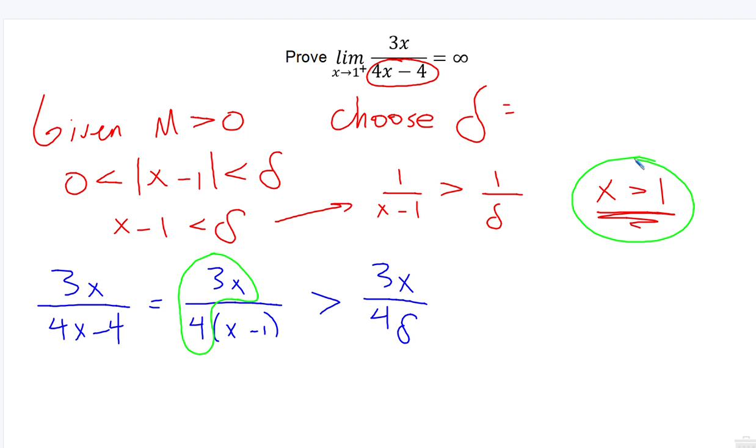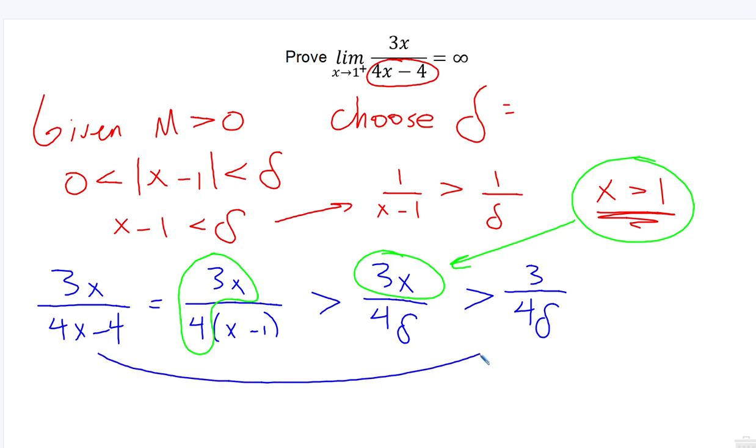Well, if x is more than 1, 3 times something more than 1 is going to be more than 3, right? So I'm going to use this fact here to say that 3x is greater than 3. And if the numerator of a fraction is bigger, then that makes the thing bigger. So if I say this is just greater than 3 over 4 delta, that should be a true statement, right? Because 3 times something more than 1 is going to be more than 3.